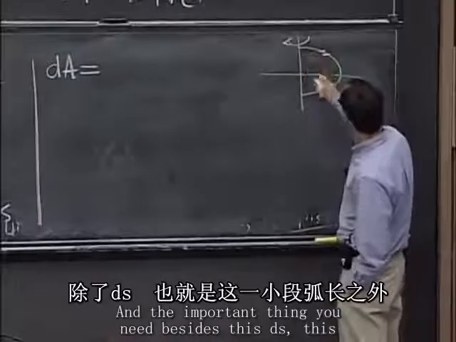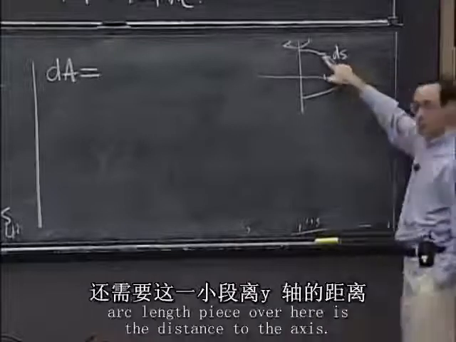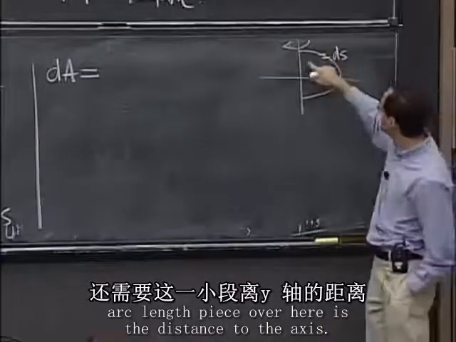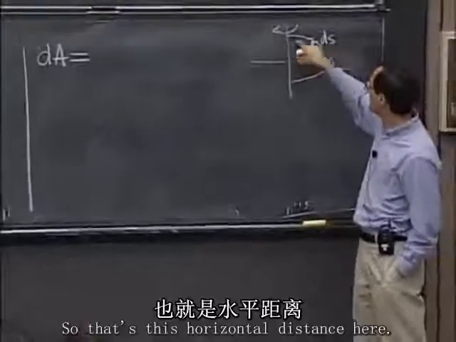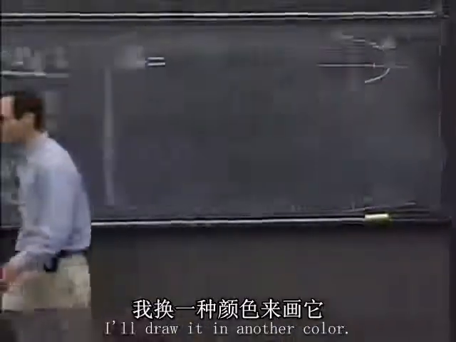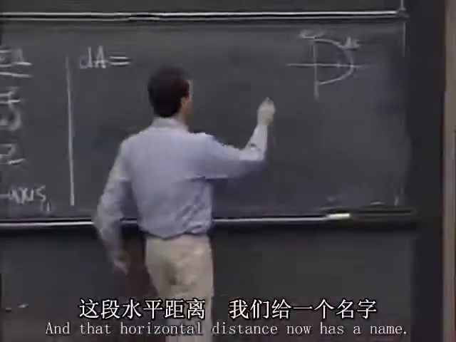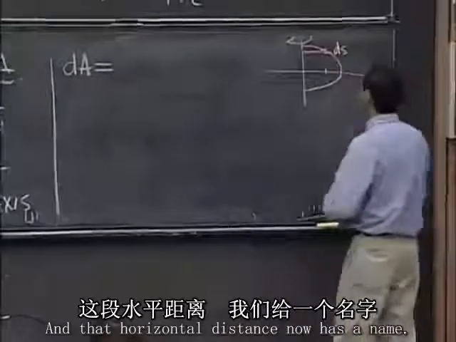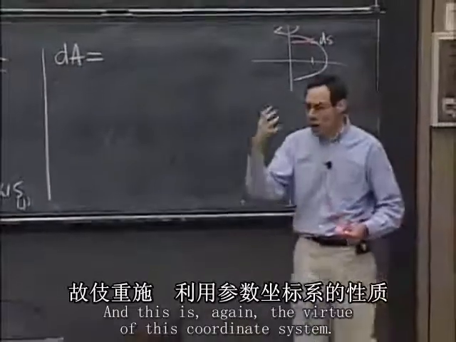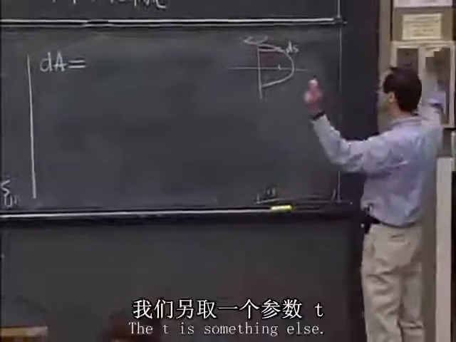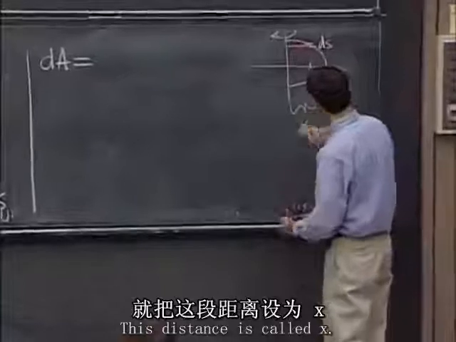The important thing you need besides this ds, this arc length piece, is the distance to the axis. So that's this horizontal distance here. I'll draw it in another color. And that horizontal distance now has a name. And this is, again, the virtue of this coordinate system. The t is something else. This distance has a name. This distance is called x.